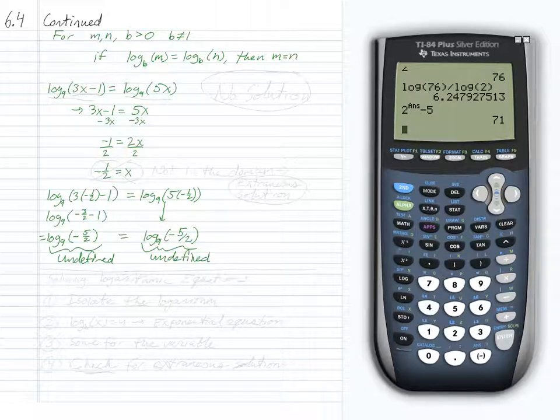So, this x value that we found is not in the domain of either of the sides of my equation. In other words, this is an extraneous solution.